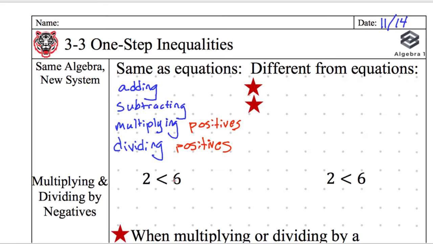All of that is the same as our old system. And underneath multiplying, if you want to put this here, distribution is technically advanced multiplication. So if you want to add that here, you can say distribution. Distribution is the same as well, as long as you're distributing a positive number. So that's all the same.